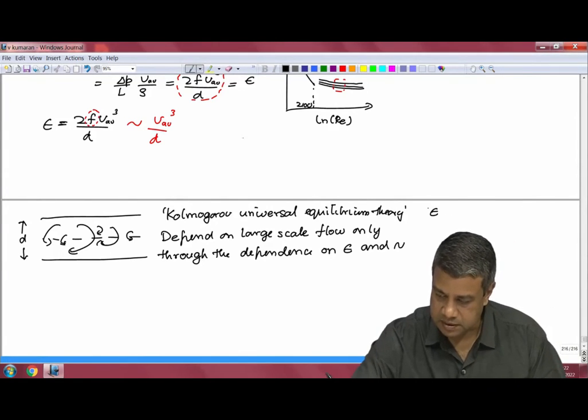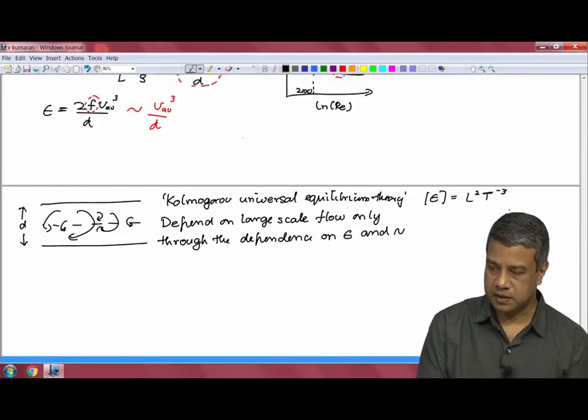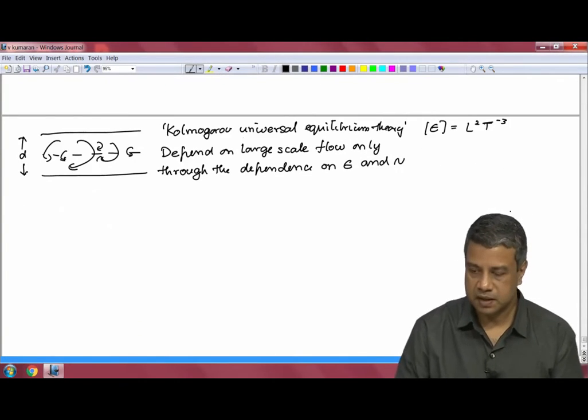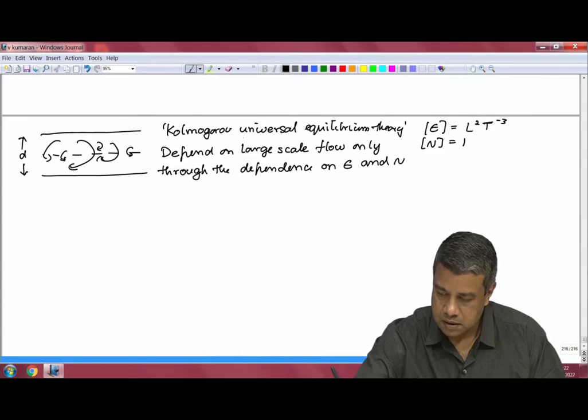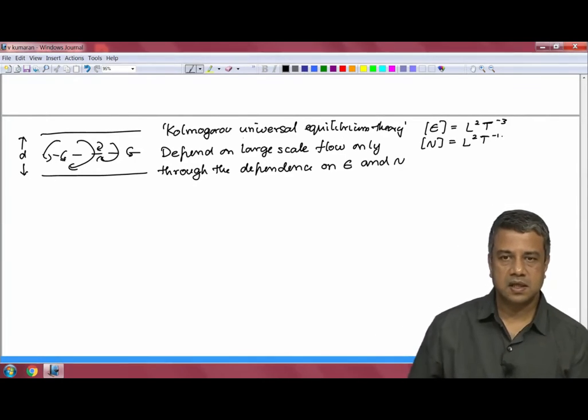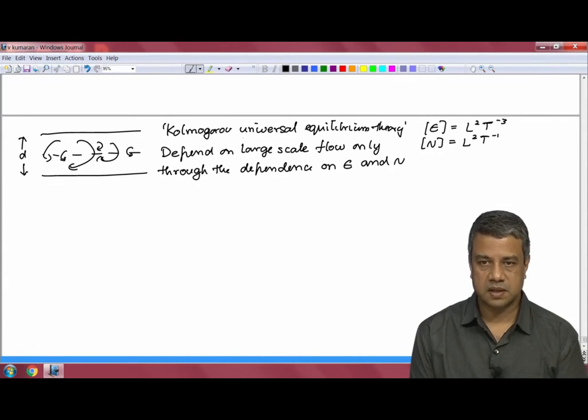Epsilon has dimensions, we just calculated it, L square t power minus 3. That is the energy dissipation rate per unit mass. And nu has dimension length square t inverse, where nu is the kinematic viscosity, because that is what causes dissipation of energy at the small scales.